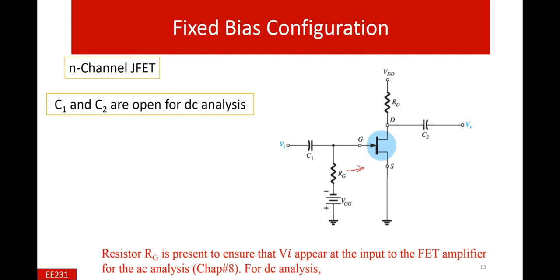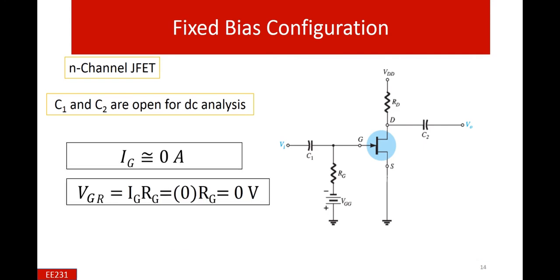And in the DC analysis, in the last lectures we already discussed that the current of the gate terminal is always approximately zero. So the voltage across this resistance, because there is no current and the terminals are open, like there is no connection between this input and the output unless there are some fluctuations.